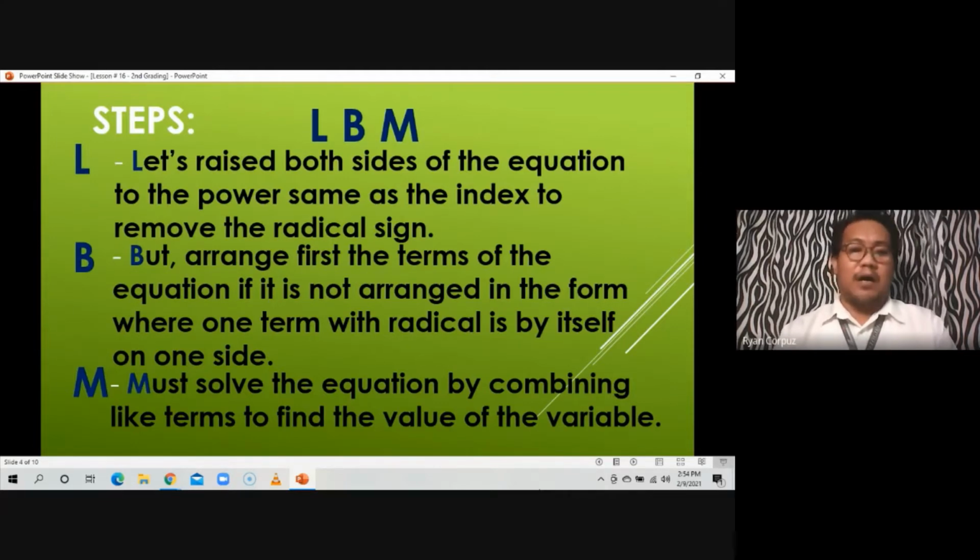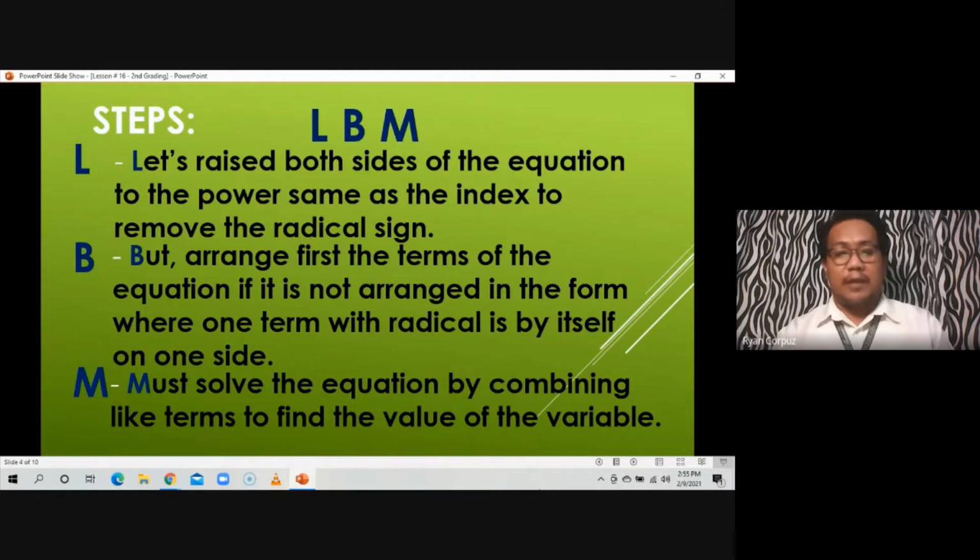Since we have already removed the radical sign in the given equation, it's just like now we are solving that given equation, whether it is a linear equation or a quadratic equation. Of course, if there are similar terms or like terms, we have to combine them, until we find the value of the variable.